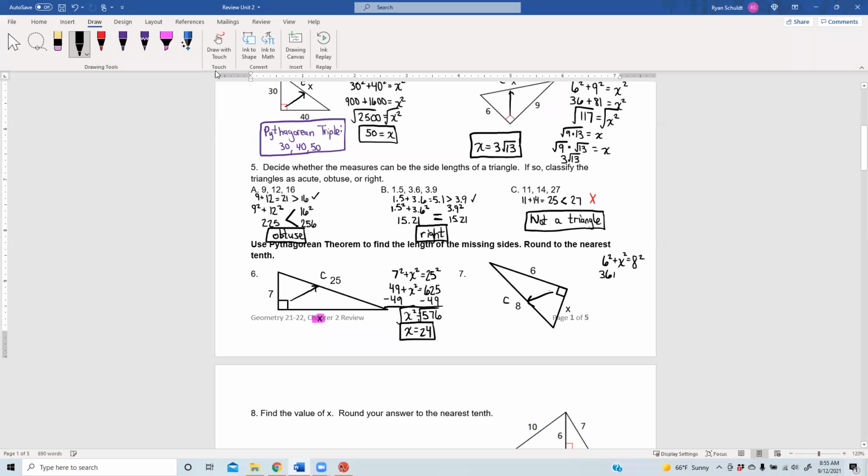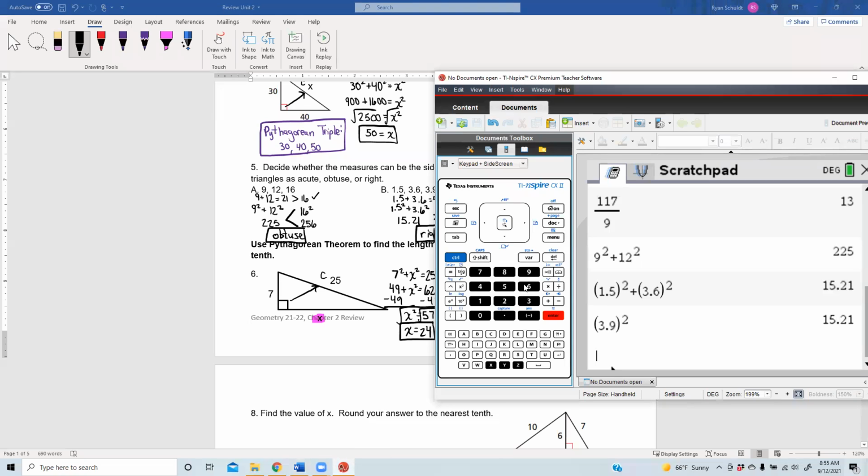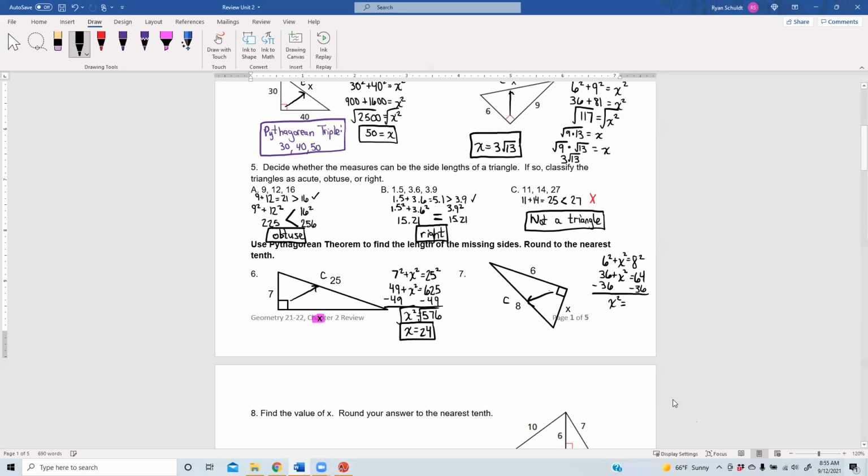It'll be 36 plus x squared equals 64. Subtract the 36 over. We're going to get x squared equals, I think, 28. Yep, 28.